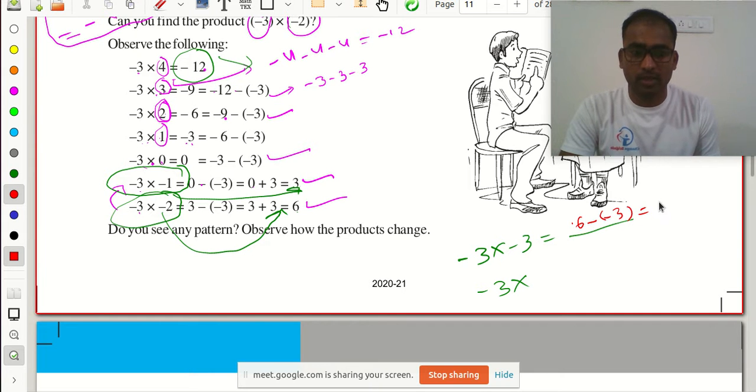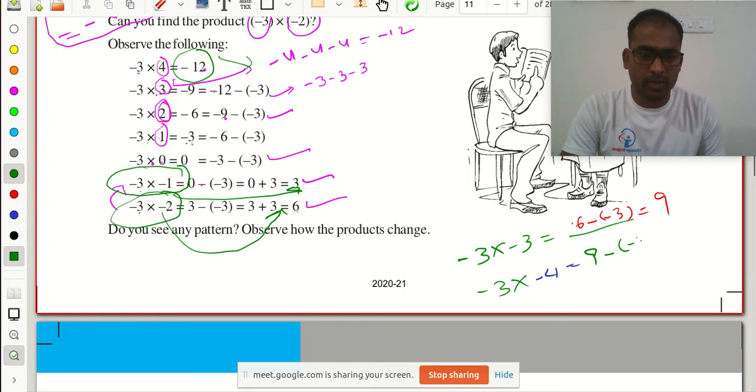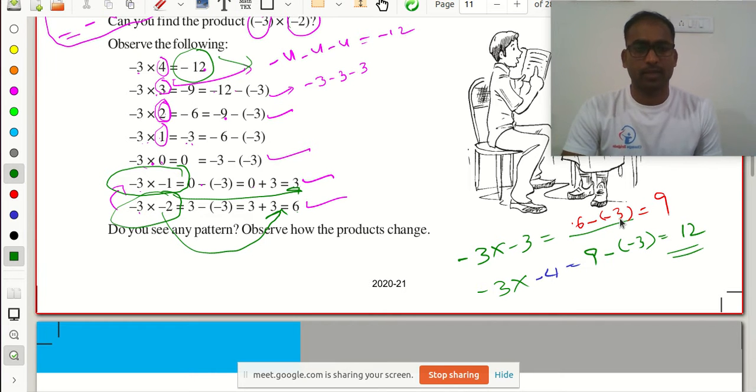So I will get here 9. Then again if I do minus 3 into minus 4, what do I need to do? Here 9 minus of minus 3. So how much will I get here? 12. Is this clear?